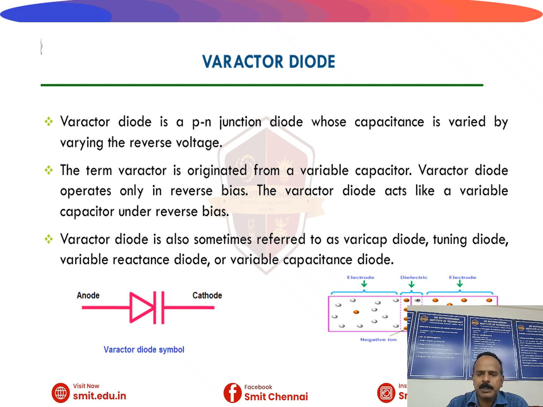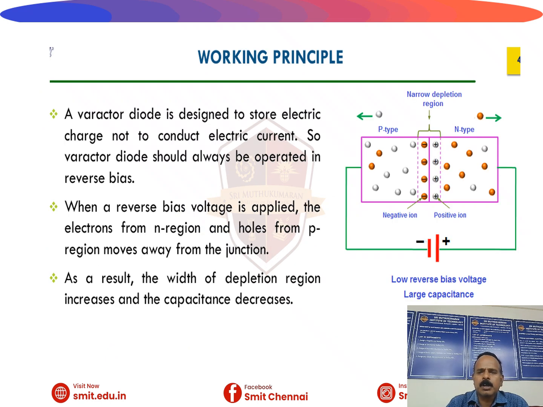It is also a special diode which is used under the reverse bias condition, also called a varicap diode, tuning diode, variable reactance diode or variable capacitance diode. The basic working principle is designed to store electric charge and not to conduct electric current. So the varactor diode should always be operated in reverse bias only.